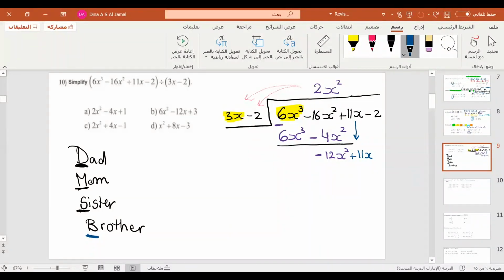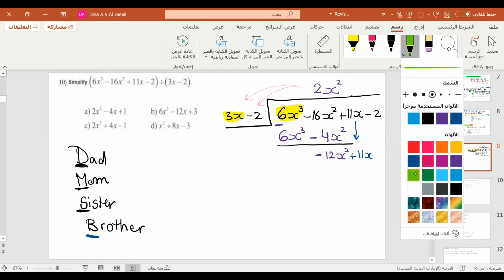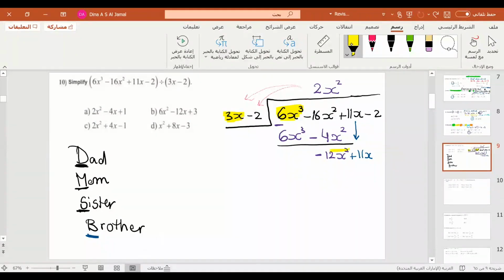Now let's go back to that. Divide now this number by 3x. So whenever you are dividing, you will be getting minus 4x. Now go back to mom, multiply. You will be multiplying minus 4x by 3x.